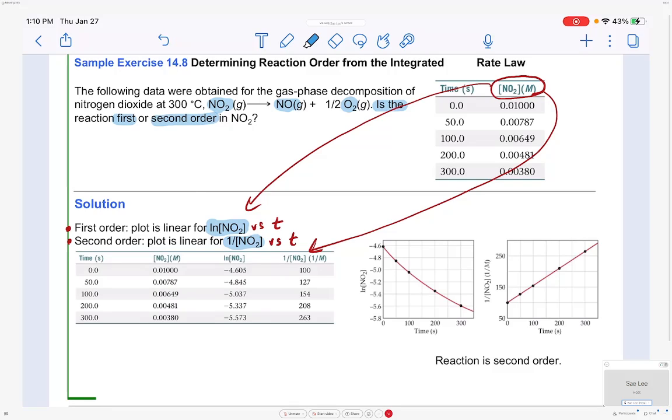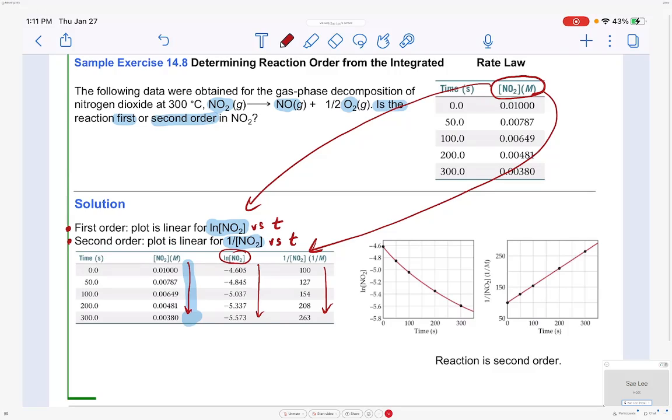So whatever gives you a linear line will determine whether it's first order or second order. Okay, so with the given concentration, plug these values into the calculator, and you find the natural log of the concentration of NO2. These are the values that we found. And then if you plug these concentration values into your calculator, 1 divided by all of these concentrations, you get this value.